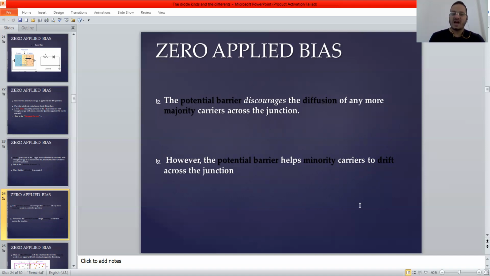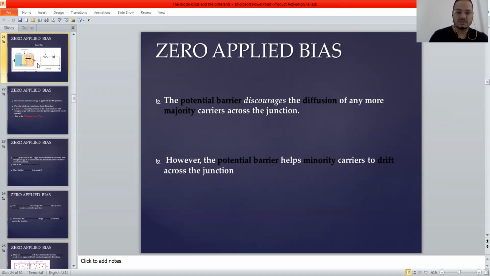And at the same time, we will discourage the minority carriers to drift across the junction. That means from P to N, the majority will be diffusion. And at the same time, the potential barrier will discourage the drift of minority holes to P.